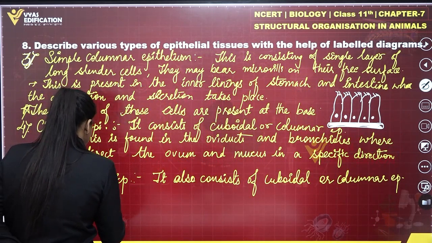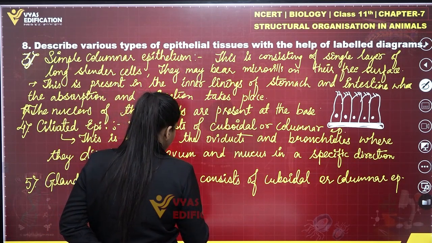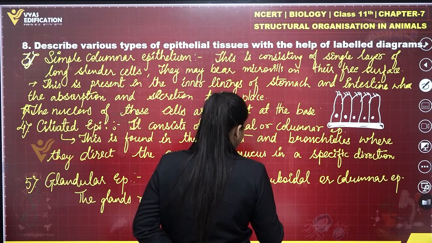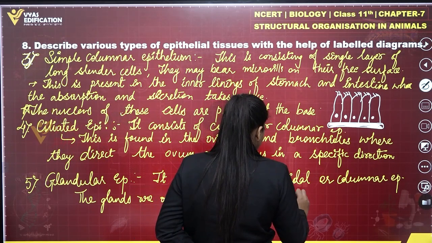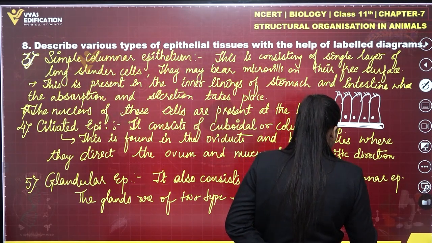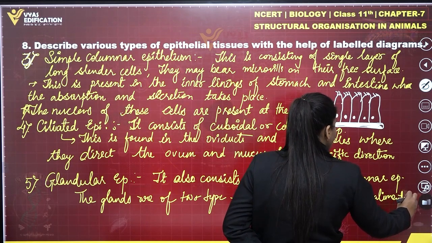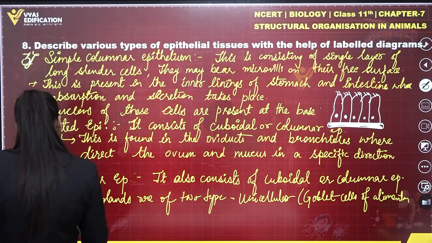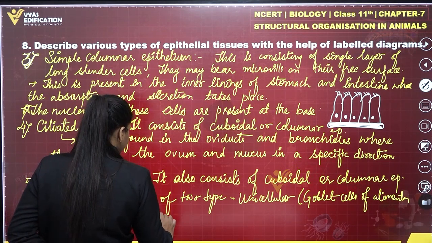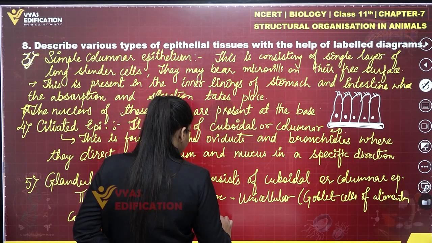The glands are of two types, that is unicellular. What is the example of unicellular? Goblet cells of alimentary canal. And multicellular glands such as salivary glands.